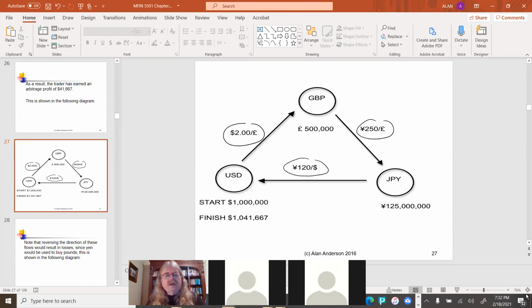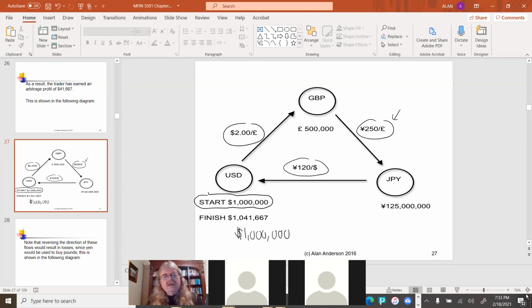So let's assume that I'm a trader in the United States, and I see that there's an inconsistency here. In particular, this can't be right because it's not consistent with these two quotes. So I decide to do the following. I take my $1 million and go to London and convert it into 500,000 pounds.